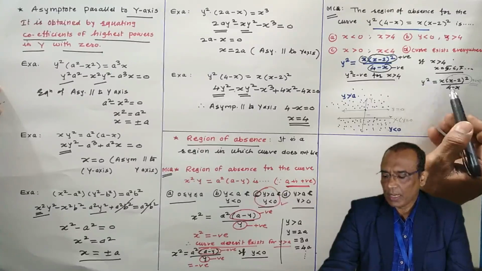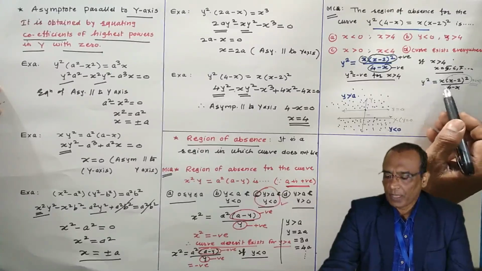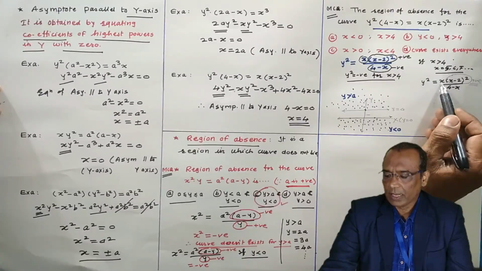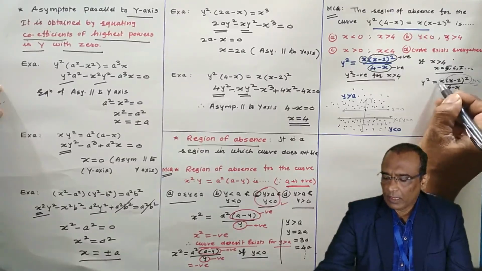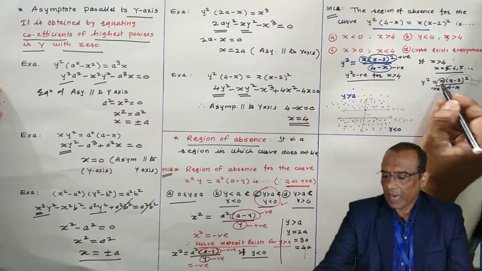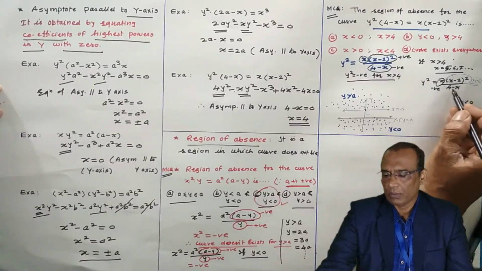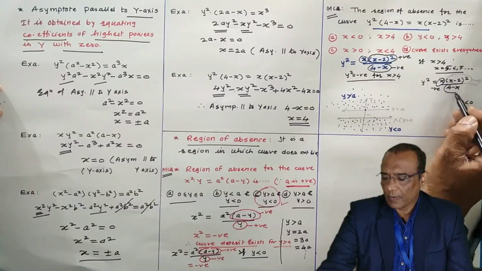If you look at this x into (4 minus x), if x is negative, negative means less than 0, this will be negative. And if x is negative, negative means minus 1, minus 2, minus 3, then 4 minus x will be positive.